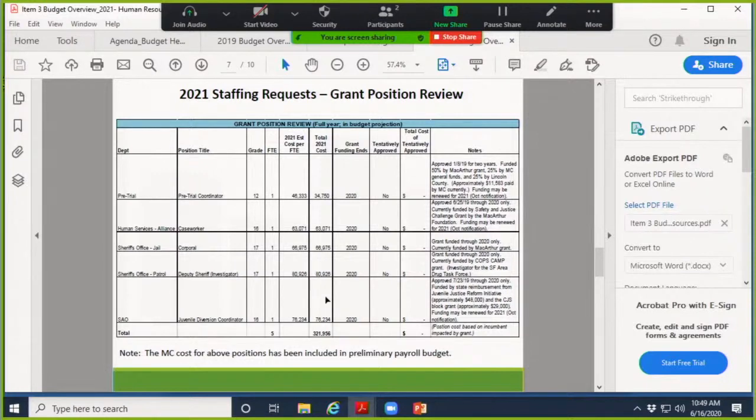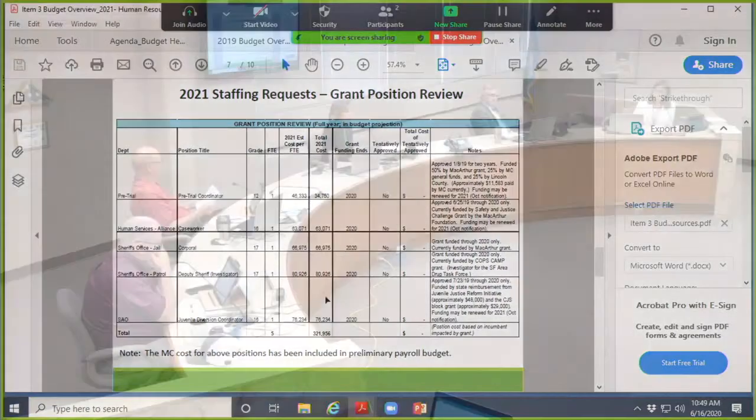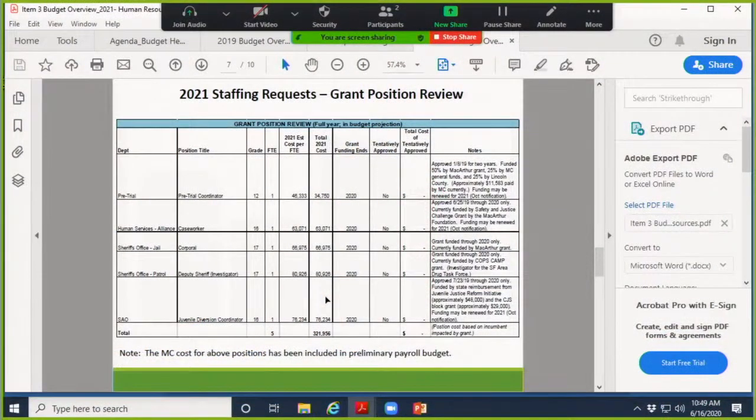Then we have a very good case to make to MacArthur that we are taking steps to embrace parts of this and take them under our wing, and that the argument can be made that these other positions still require some grant support. So for right now, I'm also comfortable if we don't take the position away, but we leave the Minnehaha County funding at the same level it's at right now.